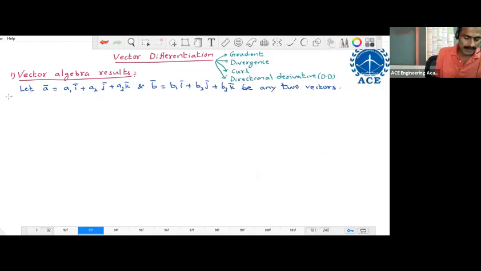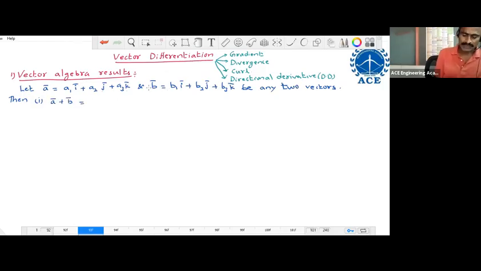Then the first result is the sum of the two vectors, A bar plus B bar. Add these two vectors. When you add these two, you can find two terms with I bar, two terms with J bar, two terms with K bar. If you take I bar as common, then we get A1 plus B1.